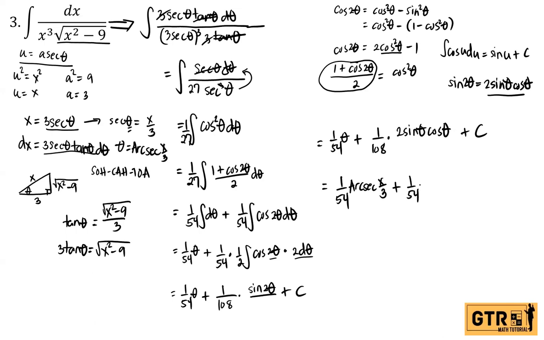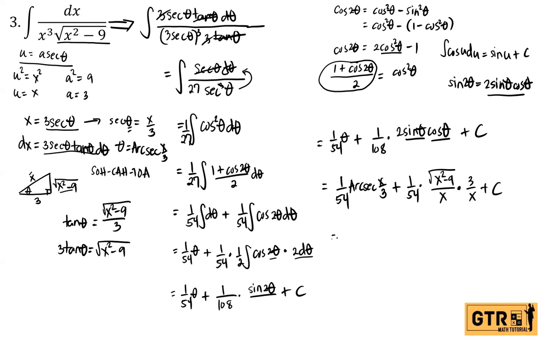1 over 54 times, what is the value of sine theta and cosine theta? Go back to the triangle. So right triangle, sine is opposite over hypotenuse. So we have square root of x squared minus 9 over the hypotenuse x. Okay? So times the value of cosine, which is adjacent over hypotenuse. So that is equal to 3 over x plus c.